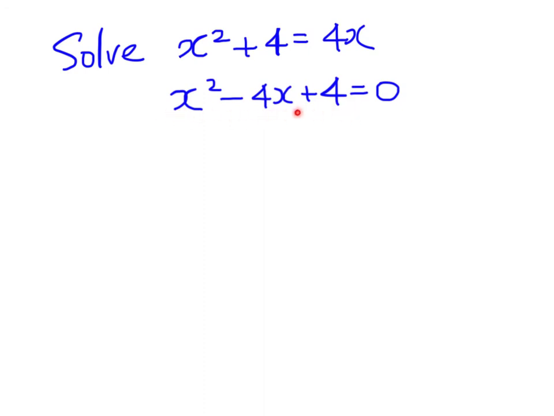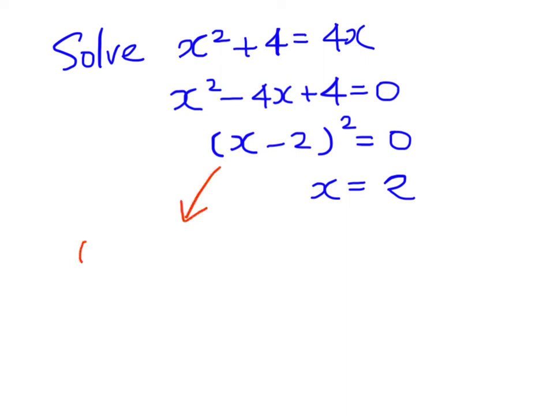It seems that this is a perfect square. Therefore, we have (x minus 2) squared equals 0. And since it's a very special case, the square of x minus 2, it is obvious that x will be equal to 2. Alternatively, you can write x minus 2 times x minus 2 equals 0.